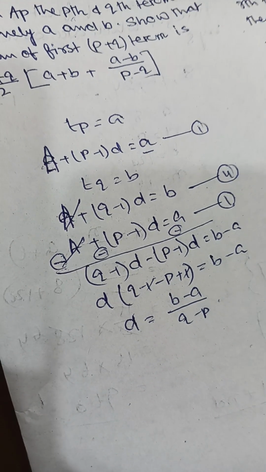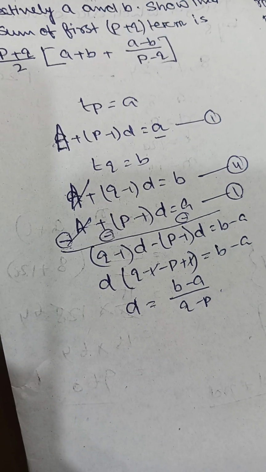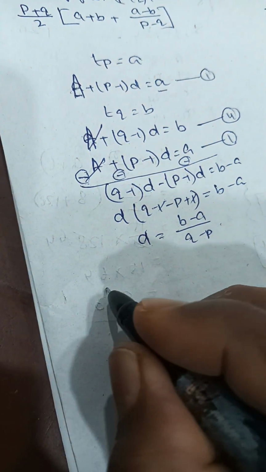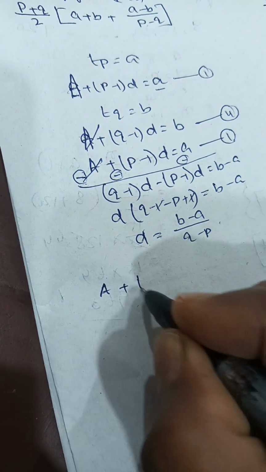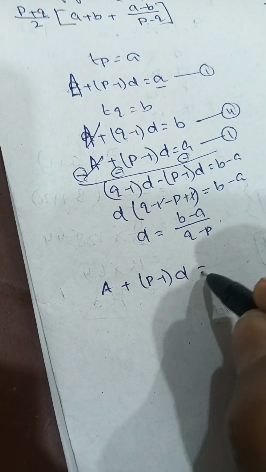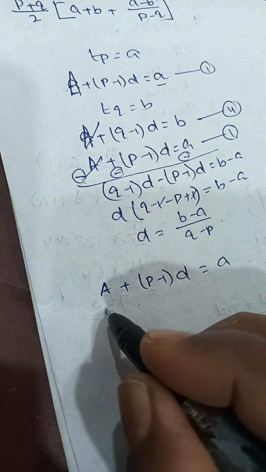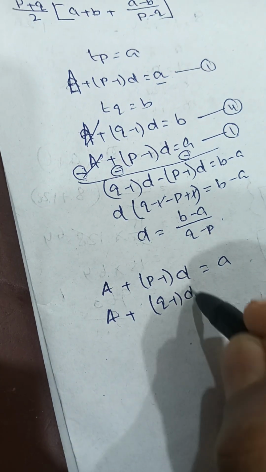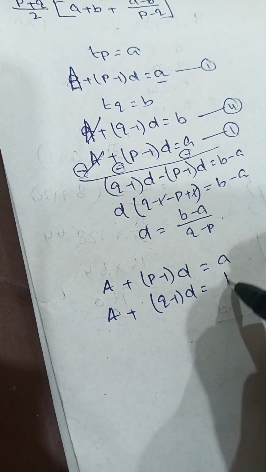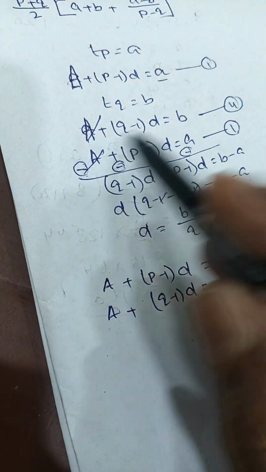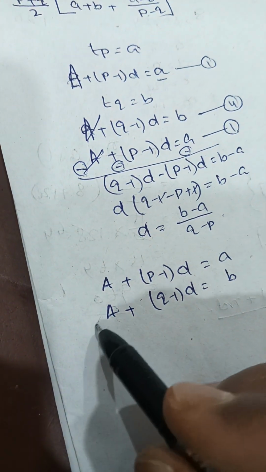Now you find the sum of these two equations, that is A plus (p minus 1) into d equal to a. The second equation again: A plus (q minus 1) into d is equal to b. I have written the first and second equations here.